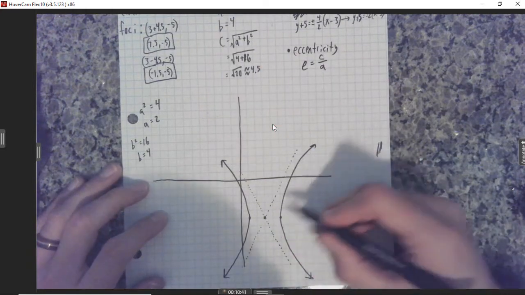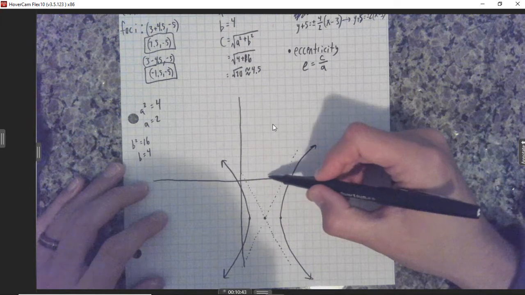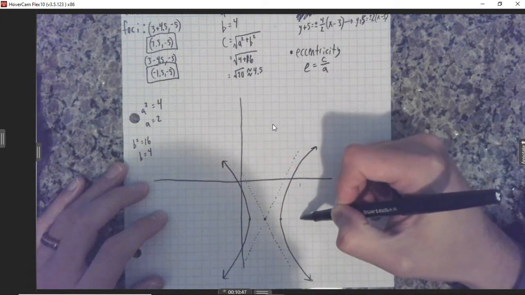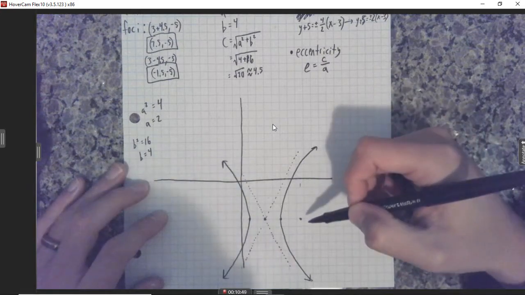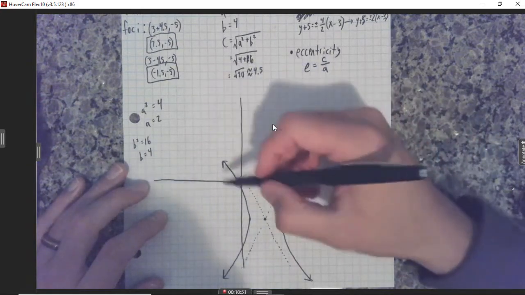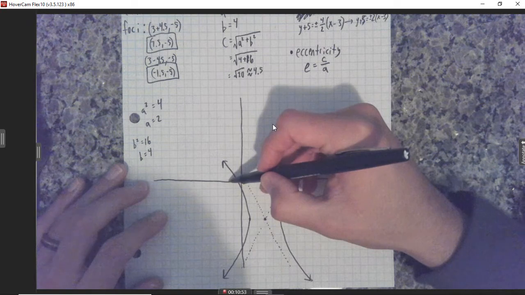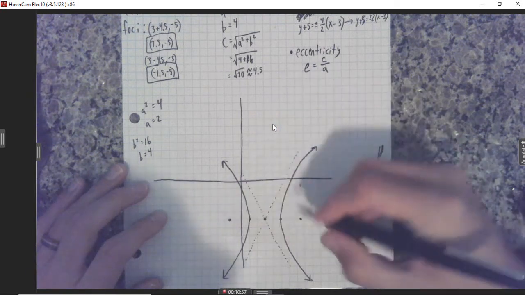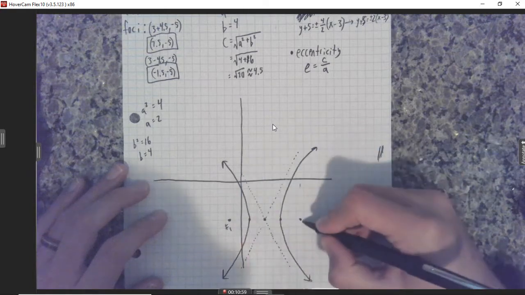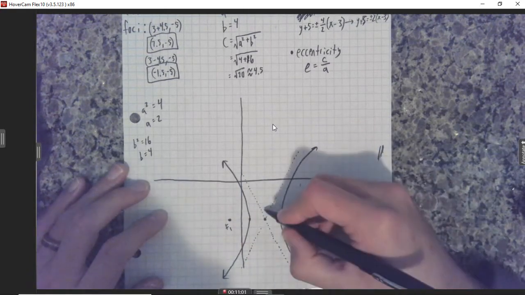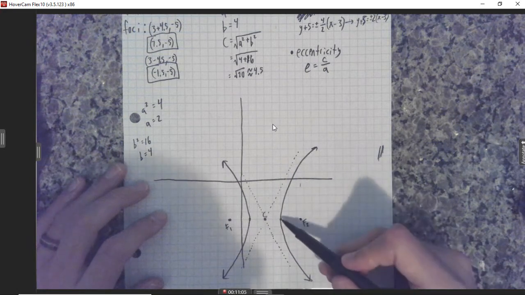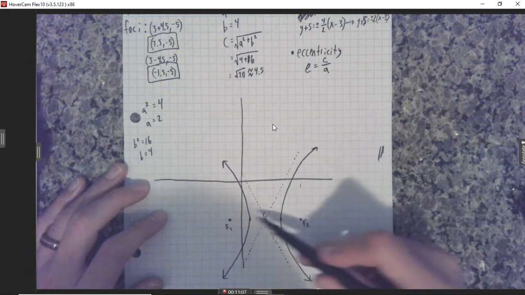So going from the center, 7.5, so 2, 4, 6, 7.5. Right there is focus 1, and then focus 2, negative 1.5, right there. If you want to label them, label everything. F1, F2, here's your center, and then you got vertices 1 and 2.